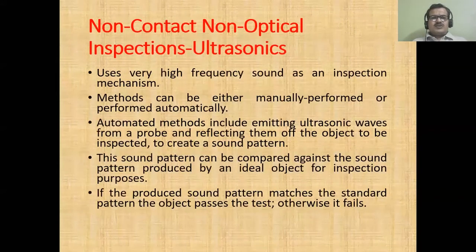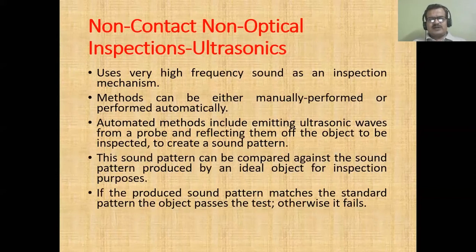Non-contact, non-optical inspections: ultrasonics. It uses very high frequency sound as an inspection mechanism. Methods can be either manually performed or performed automatically. Automated methods include emitting ultrasonic waves from a probe and reflecting them off the object to be inspected to create a sound pattern.